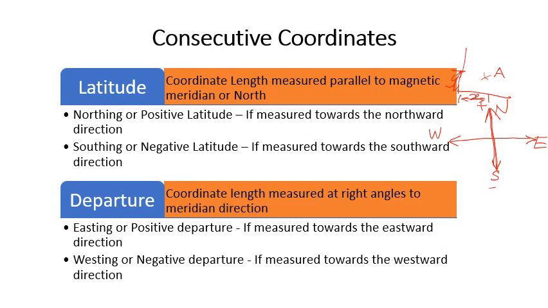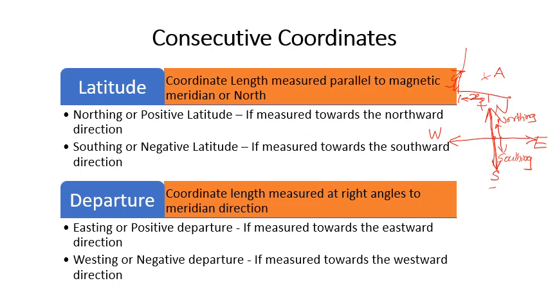If the position that you have measured is towards the north direction, then that can be called northing. If the position that you are measuring to a point is towards the south direction, then that can be called southing. So northing is positive and southing is negative. Let us see the definition for latitude.